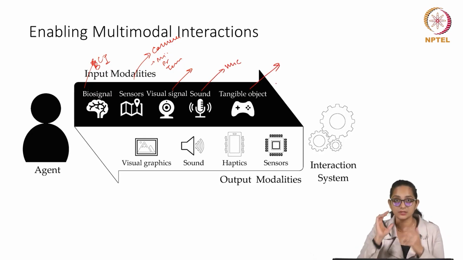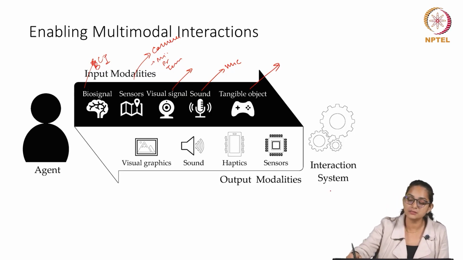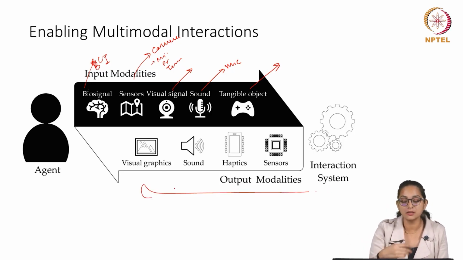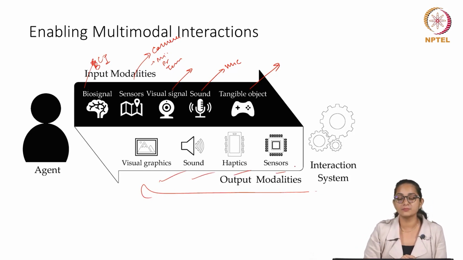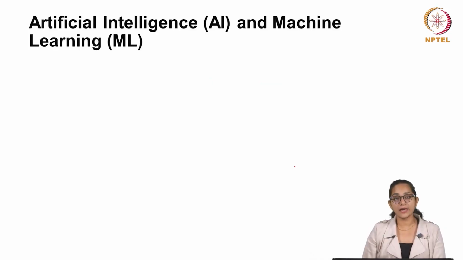Tangible button pressing, which is an intentional kind of interaction. And the system is able to generate multimodal output, so graphic, sound, haptic, sensor based output as well. So let us look at some examples in the emerging tech domain.